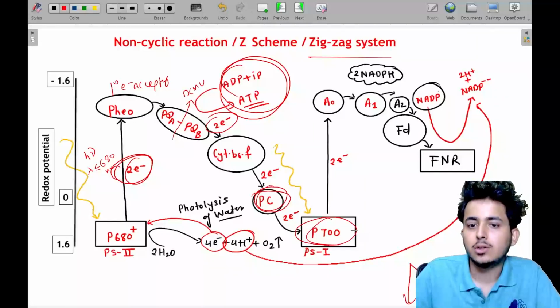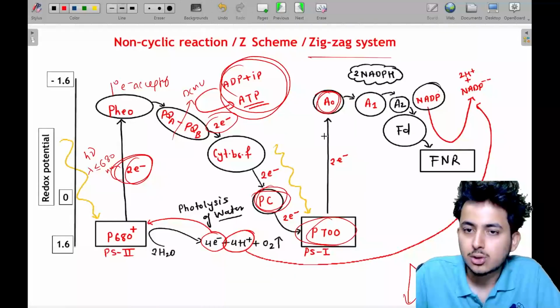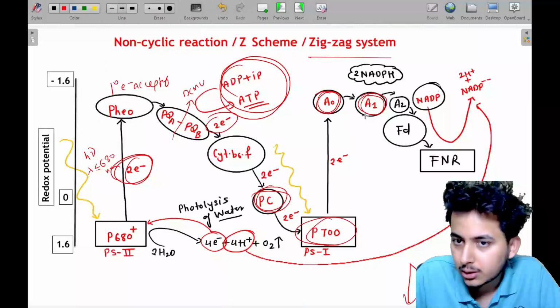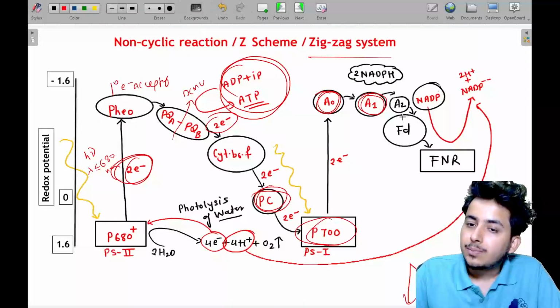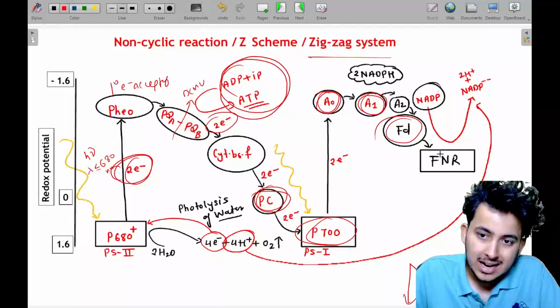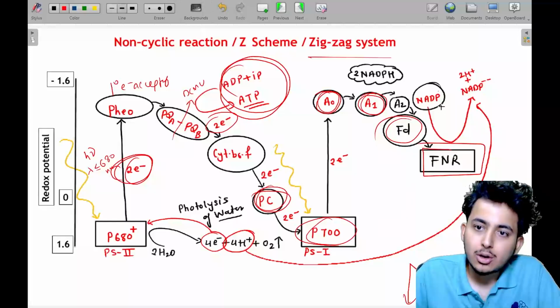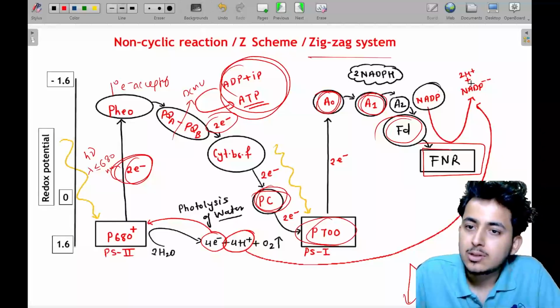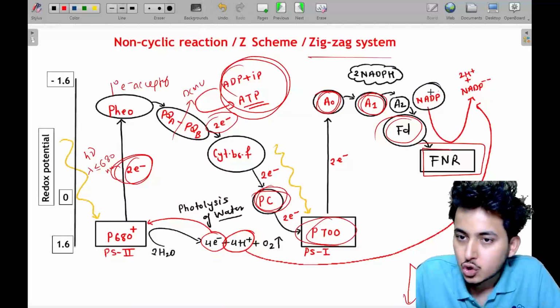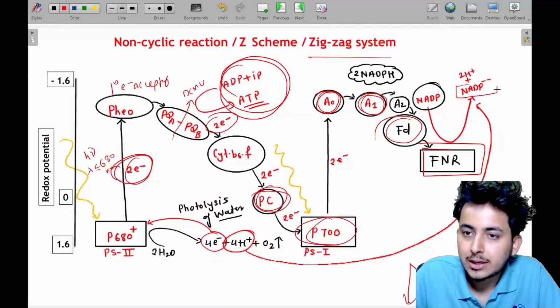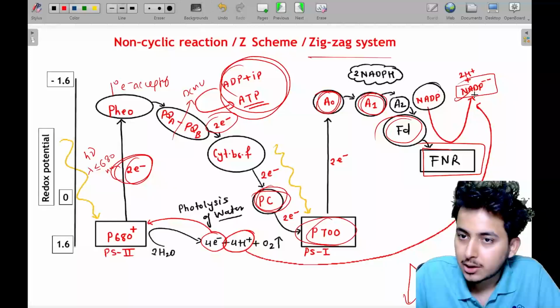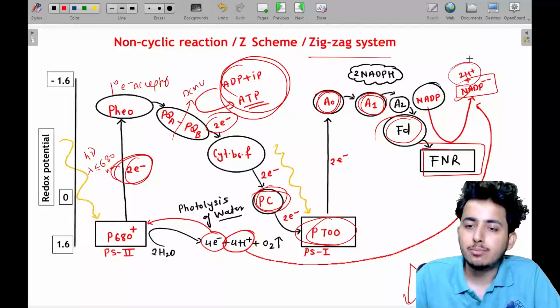Then to PS1, then to A0, that is chlorophyll A, then phylloquinone A1, then to A2, and then to the ferredoxin, and there the ferredoxin reductase will reduce NADP plus to NADP minus minus, and then it can get some protons from the stroma and lead to the formation of NADPH.